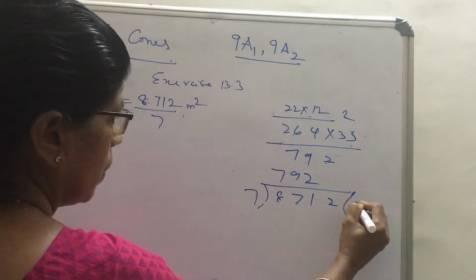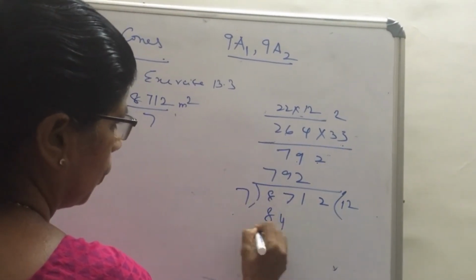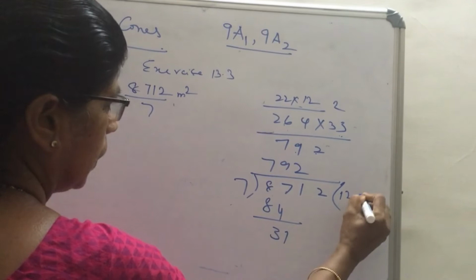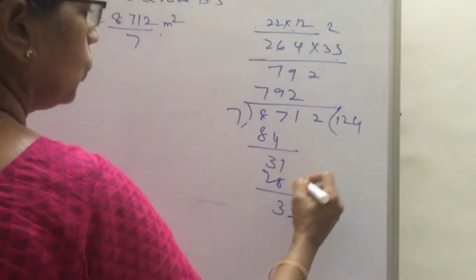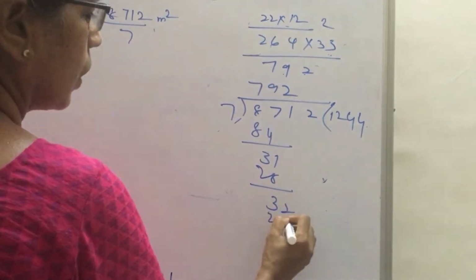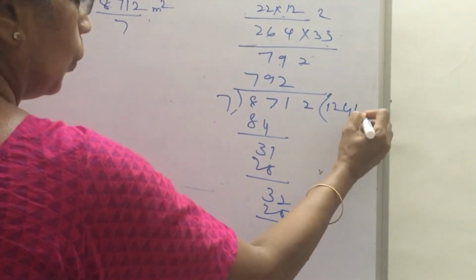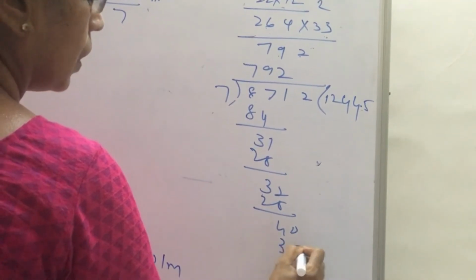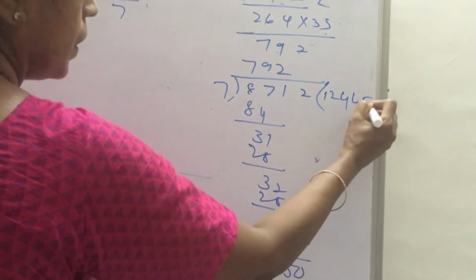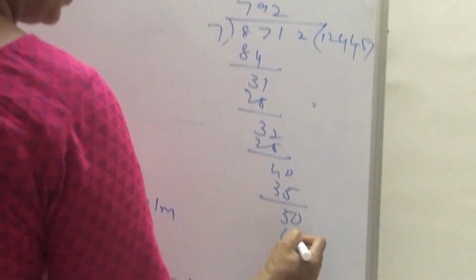Divide, children. 7 12s are 84. Remainder 3. How many times? 28. 11 take away 8, 3, 32. Again 4 times. 28. Put a point. 5 times. 35. 7. 49.